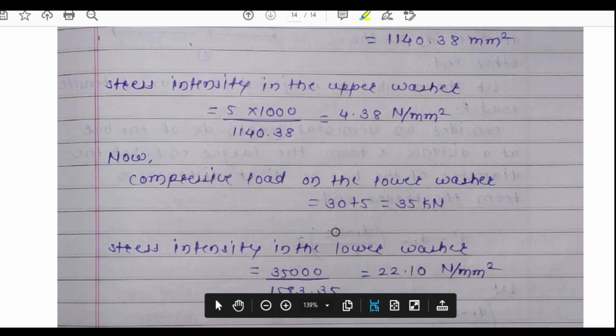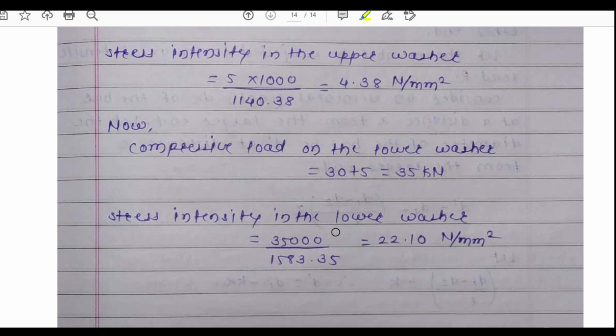Okay. So now what happened, the compressive load on lower washer we have to calculate. The total compressive load on lower washer will be, first 30 kilonewton load plus this 5 kilonewton load which will act due to the tightening of bolts. Okay, so 30 plus 5, total compressive load will be 35 kilonewton.